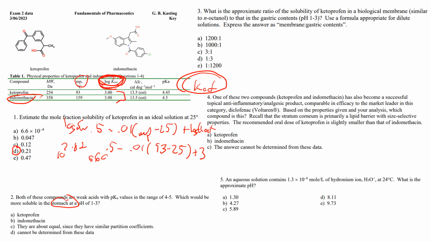We'll do it for indomethacin now. 5 minus 0.01 times 9 minus 5 plus 3.08.